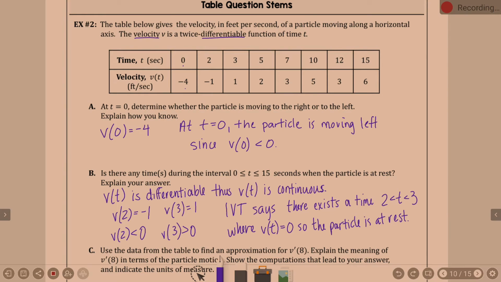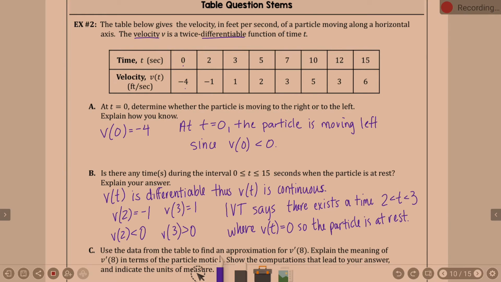Okay. How am I going to find v prime of 8? Do we need to find the technically slope of that? Like taking the 10 and the 7 to get in between them? Okay. So we can't do instantaneous rate of change here because we don't have a formula, right?